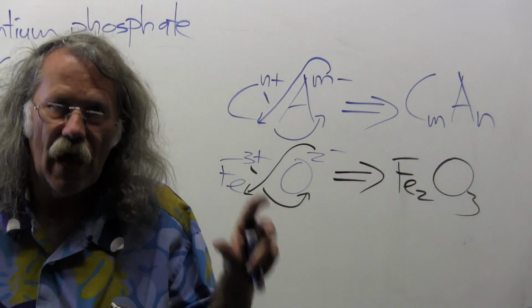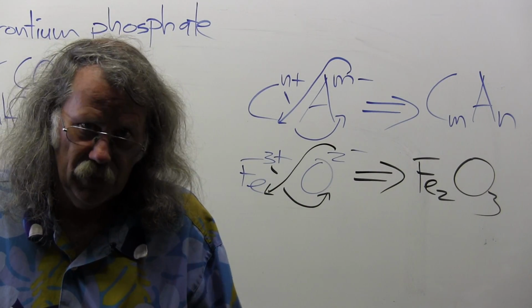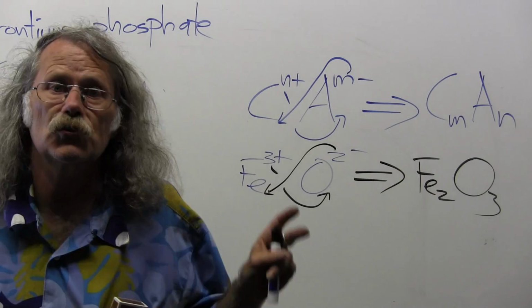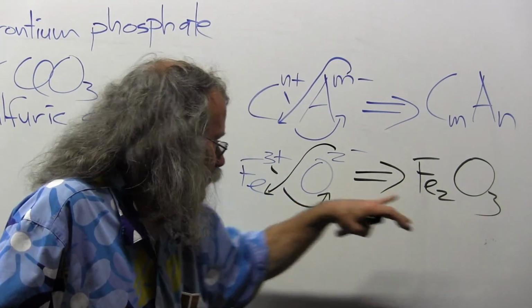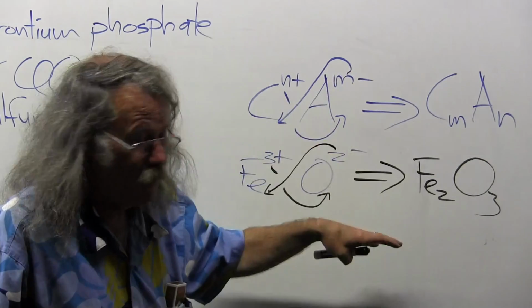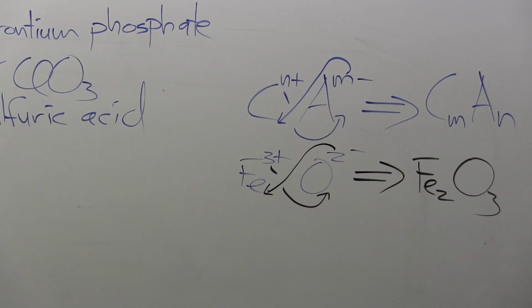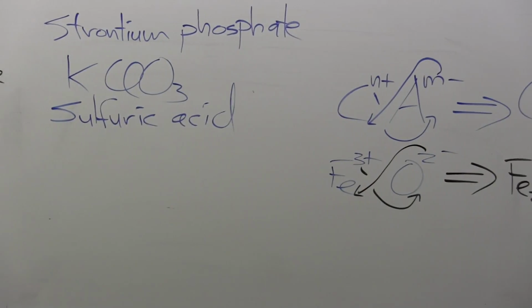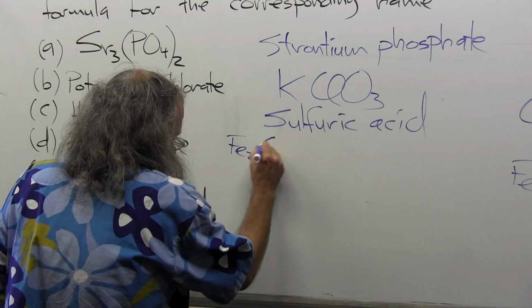They always have to be electronically neutral. Nature abhors a charge, and all of my creditors abhor me charging. So this is going to be a very simple way of guaranteeing that they're always going to be neutral. And now we can write the formula for iron 3 oxide. It is going to be Fe2O3.